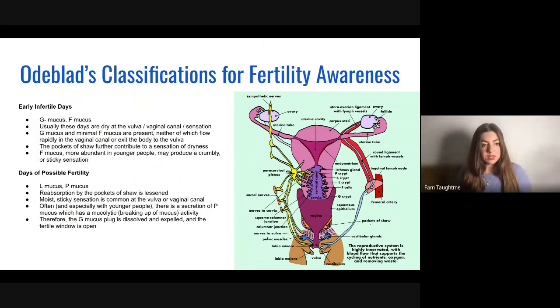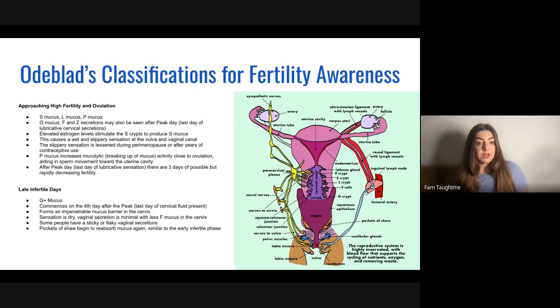In the days of possible fertility, there's a switch to more L and P mucus, and this is when the sensation starts for the fertile window. So we start to actually feel a moist or sticky sensation at the vulva or in the vaginal canal. And there is also some P mucus with that as well.